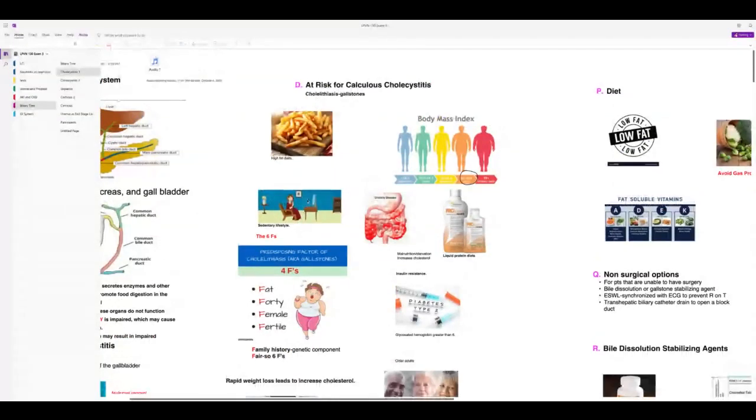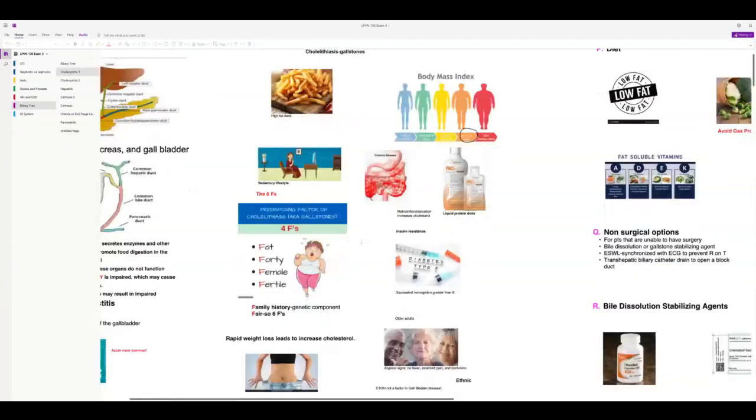So who's at risk? People that eat high fat diets, people that are overweight, people that have a sedentary lifestyle, people on ketotic diets, where they try to limit their fat, because if you lose too much weight too quickly, it stresses your liver and your gallbladder out. And so they can get it too.